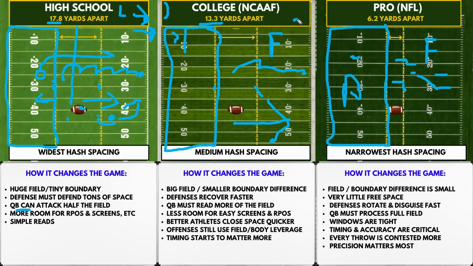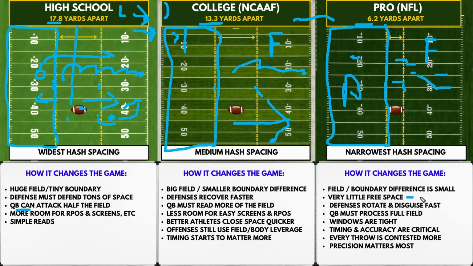And similarly, the jump from college to NFL, they'll say, hey, why was he so great in college? But there's a massive jump. The boundary or the hashes basically are cut in half between these two levels. So you can't run gimmicky plays or gimmicky offenses to hide deficiencies like you can in college or even in high school.